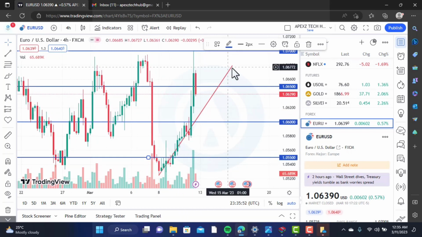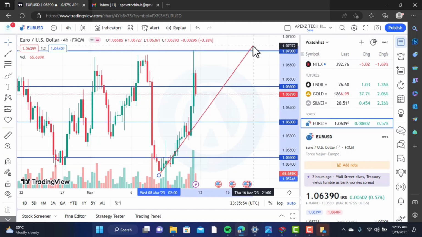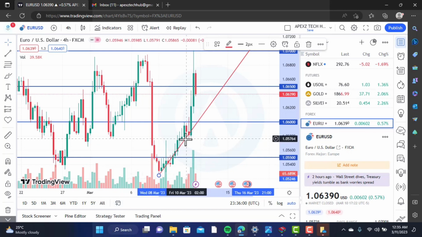See my trend line. Okay, it cut across this red already. I'm just trying to tell you what happened yesterday.